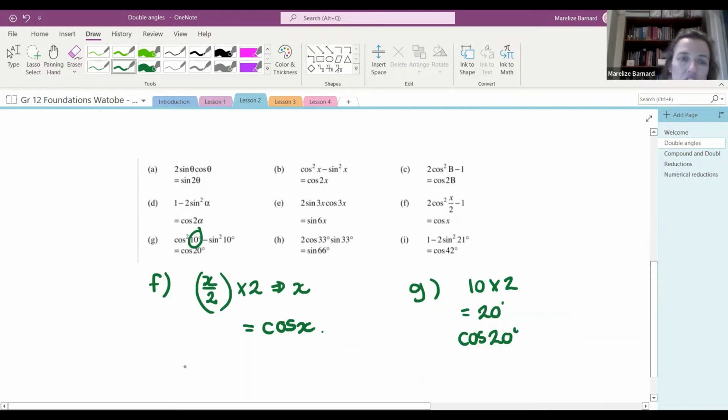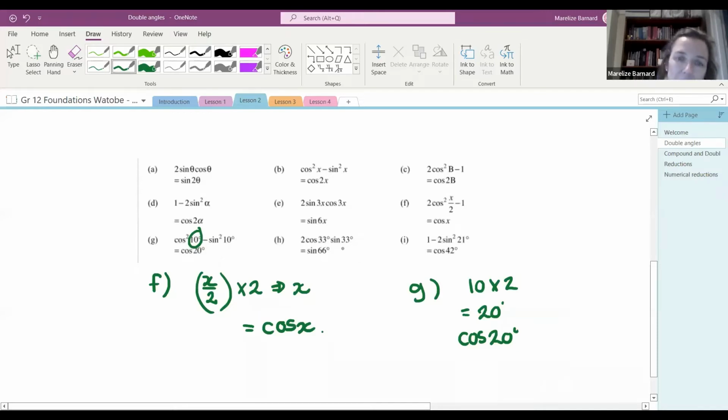Then for H, Taryn says, I'm a bit confused by H. Does it matter on what side the cos and sine are? Does it give the same answer? No, it doesn't matter, as long as you can recognize the pattern 2 cos sine or 2 sine cos.